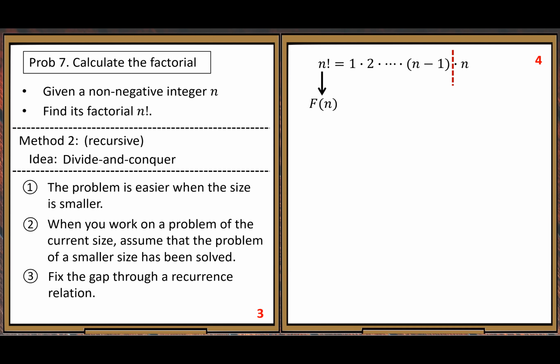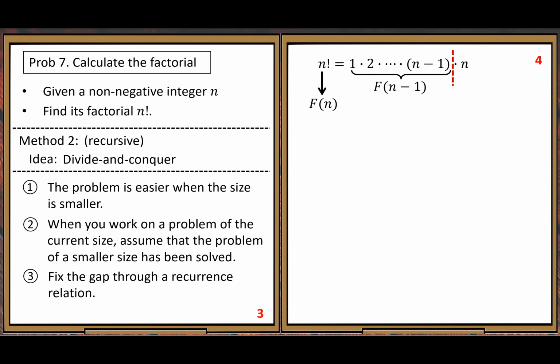The problem size becomes smaller, and we can assume n minus 1 factorial is known. This is point number 2: assume the problem of smaller size has been solved. So f of n minus 1 is given.